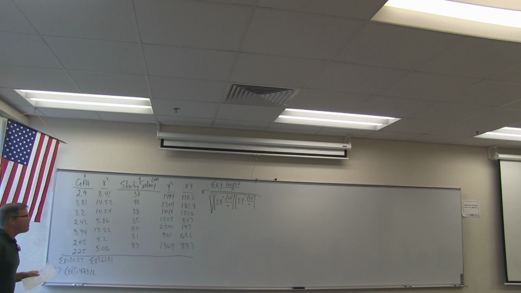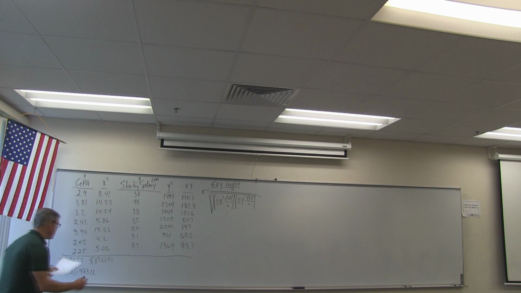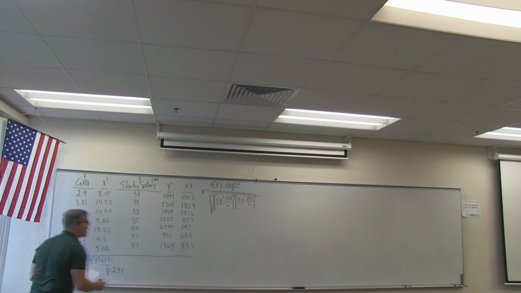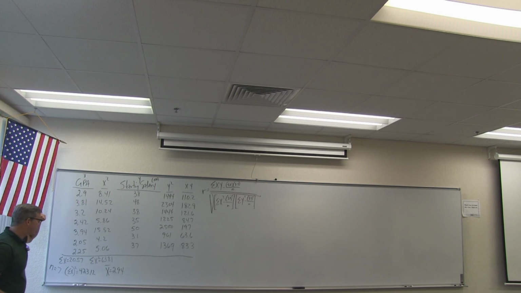We're going to take a mean of x, and we know we're going to use that to compute a down the road. The mean of x, sum x divided by n, 20.57 divided by 7, gives us an x bar of 2.94. So on average, our sample has about a 2.94 cumulative GPA.